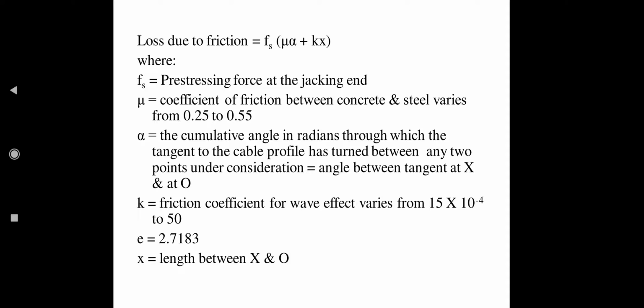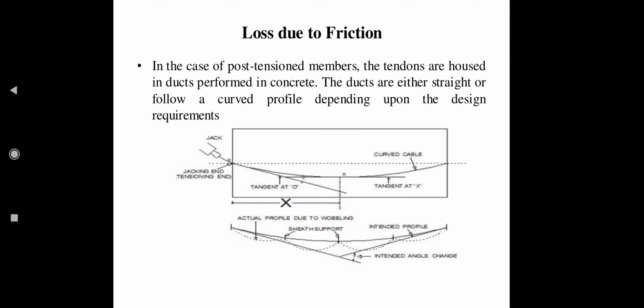Alpha is the cumulative angle in radians through which the tangent to the cable profile has turned between any two points under consideration. So here you can see this is alpha. It is a curved duct and the cable is passed through this duct and the cable is subjected to tensile force at this end.